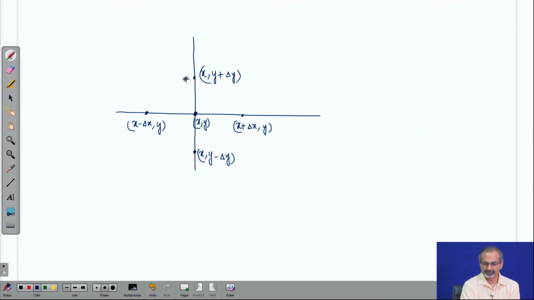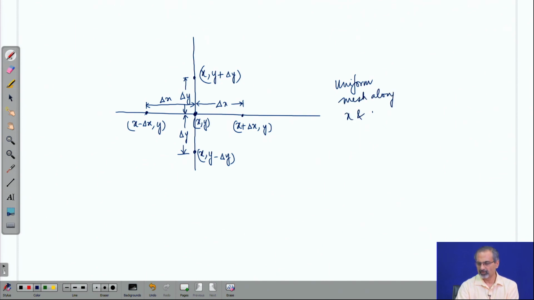And then these are the spacings, grid spacings. Delta x and delta x here. We have a uniform mesh along x and y directions.